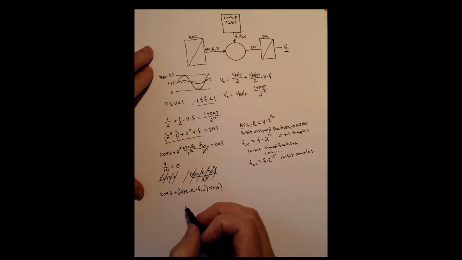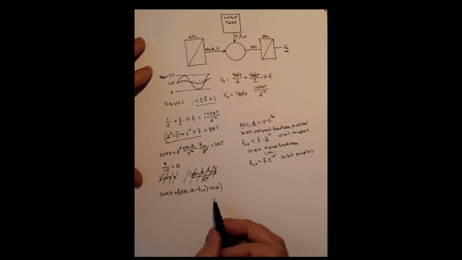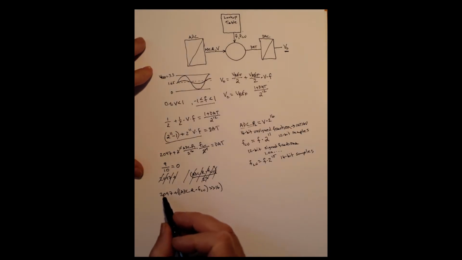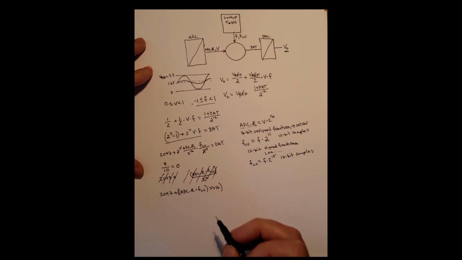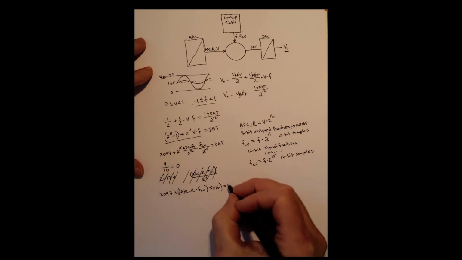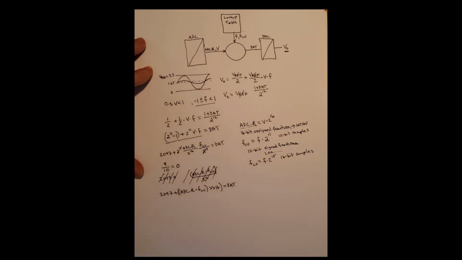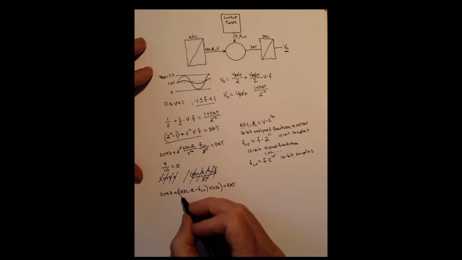All right, so we're almost there. We have a constant here. We have the value from the A to D converter. We have the value from the lookup table. Multiply those together, and then we shift over 16 times, and then that goes into the D to A input register. The issue now is what happens here.